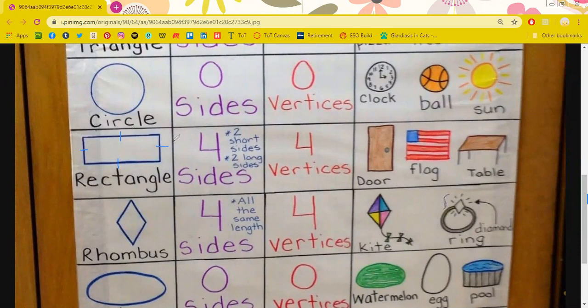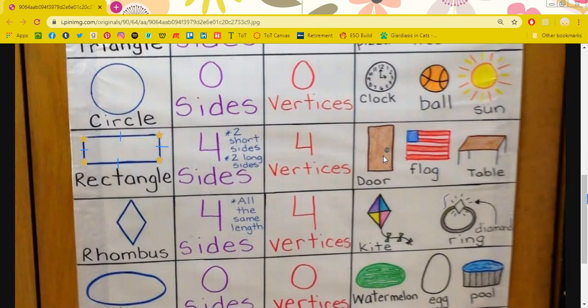The sides are shorter, so they're not all equal. But even though they're not the same, they're still going to meet up at the same amount of corners. So I have 1 corner, 2 corners, 3 corners, 4 corners, which means I have 4 vertices. So even though it looks a little bit different, just like the square, there are 4 sides and 4 vertices.